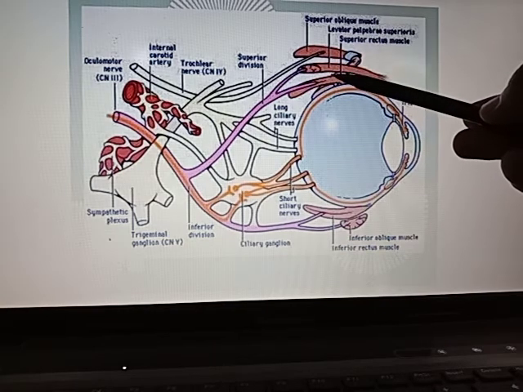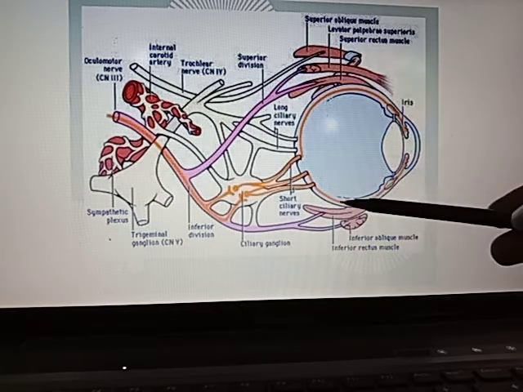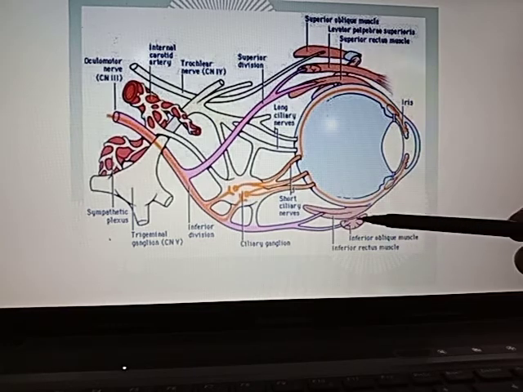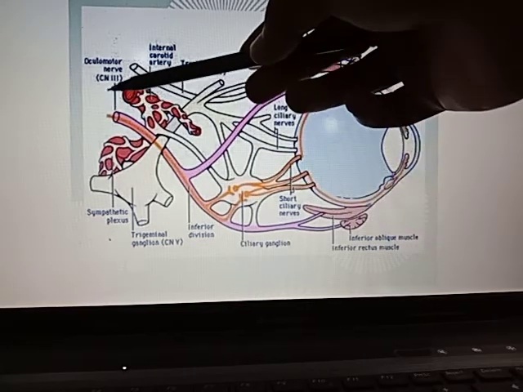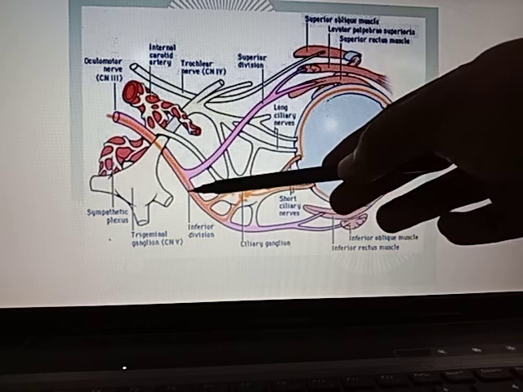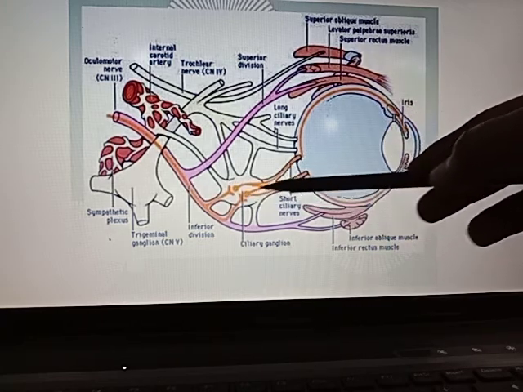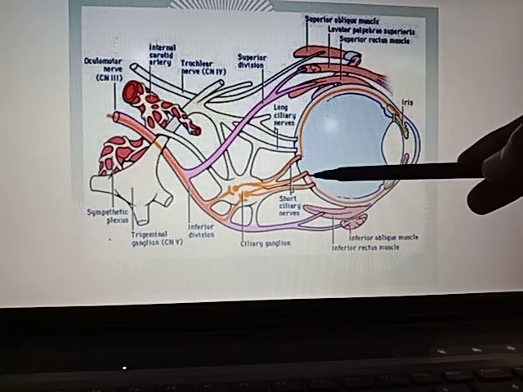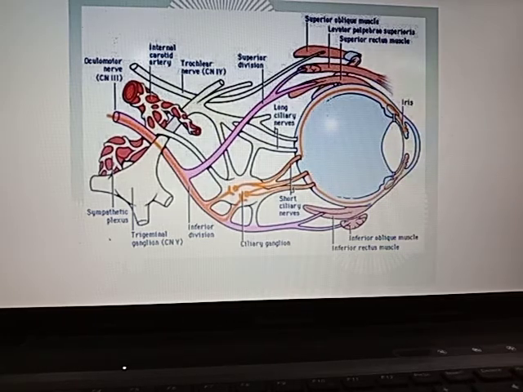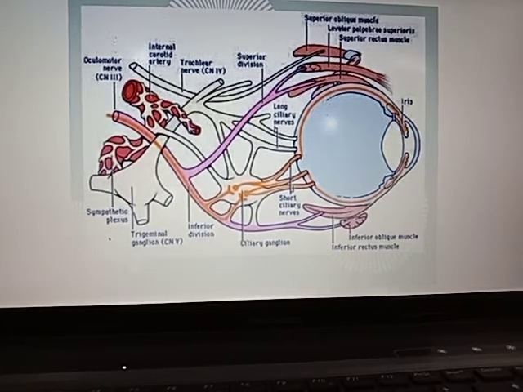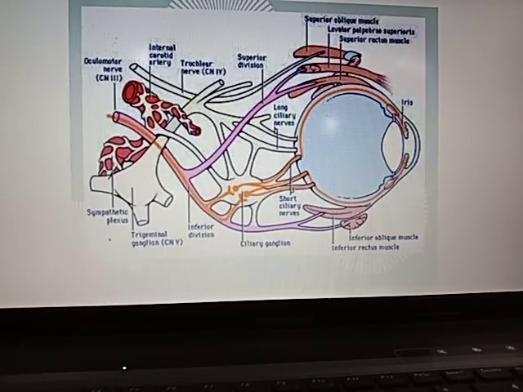The levator palpebrae superioris, superior rectus, inferior oblique, and medial rectus are supplied by the oculomotor nerve. Through the inferior division, the supply goes to the ciliary ganglion, and from the ciliary ganglion, the short and long ciliary nerves supply the muscles of the iris. Okay, and this supply comes from the Edinger-Westphal nucleus.